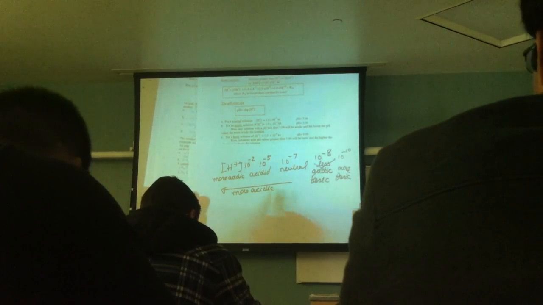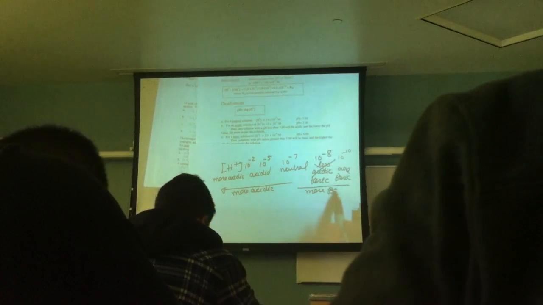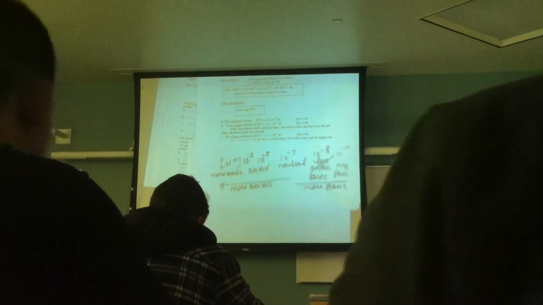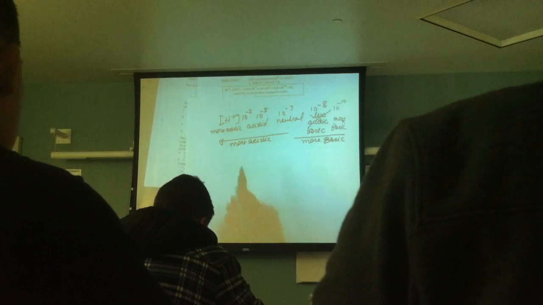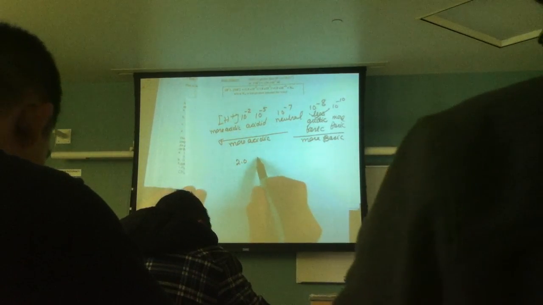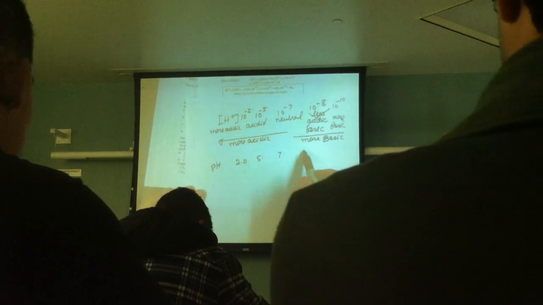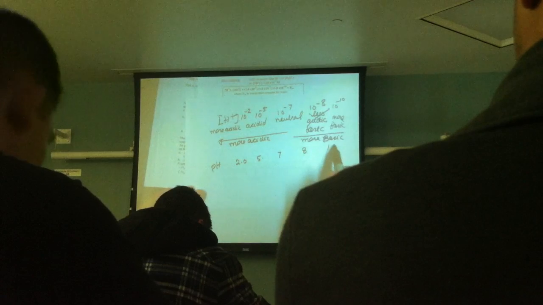As hydrogen ion is less, we say more basic. How about the corresponding pH? The same. We say pH 2, pH 5, pH 7, pH 8, pH 10.